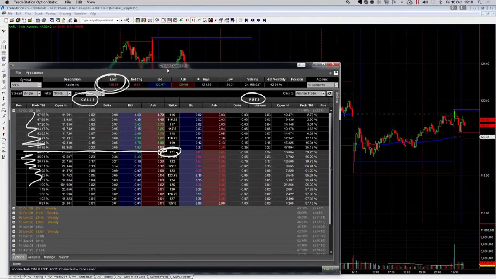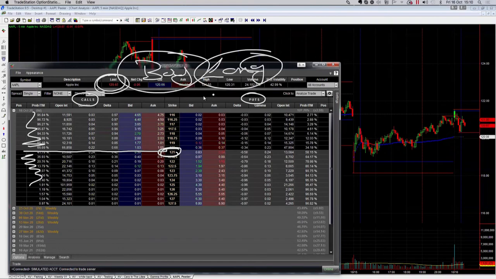In both cases, I'll be a buyer. I will be long an option. You will not be selling options or shorting options. That's collecting premium, in both cases, puts and calls. I want to emphasize this. I'm giving you the back of the envelope version of this. If options are brand new, you will always be a buyer.